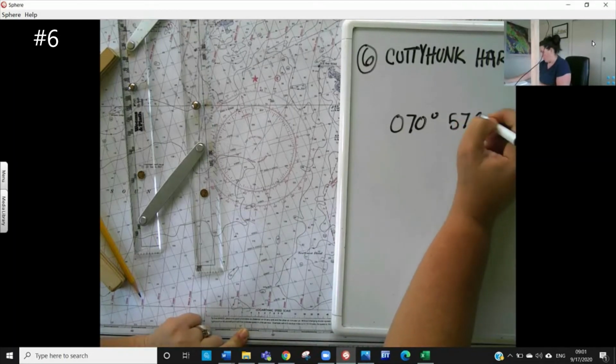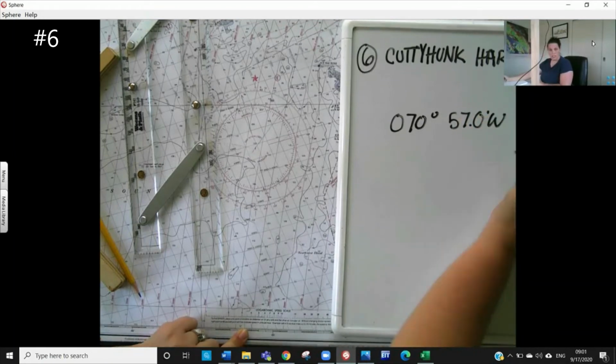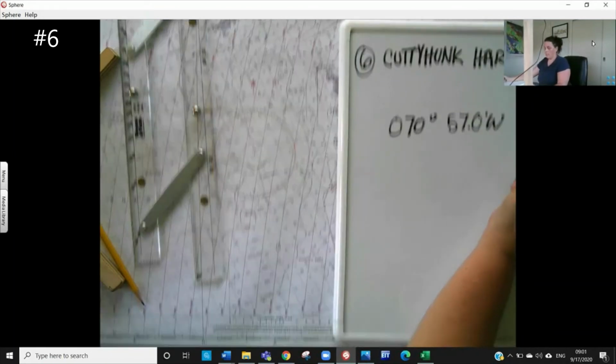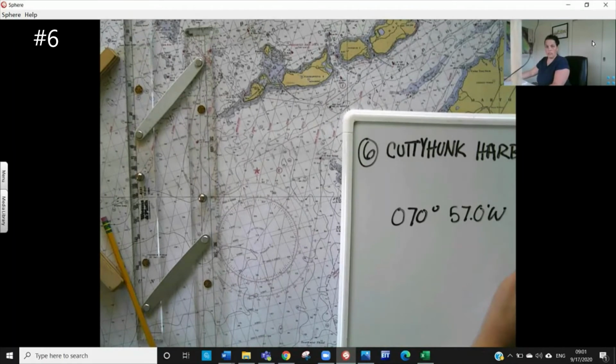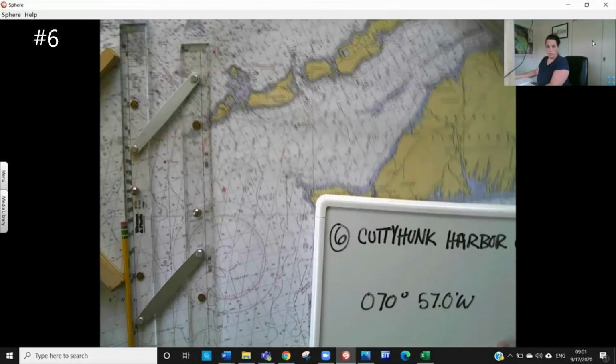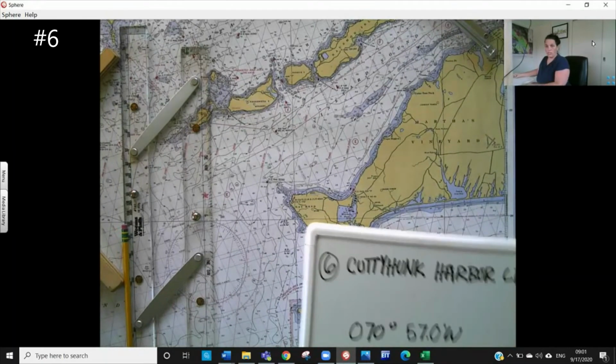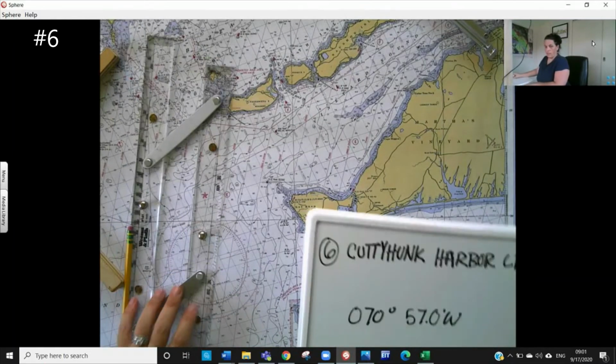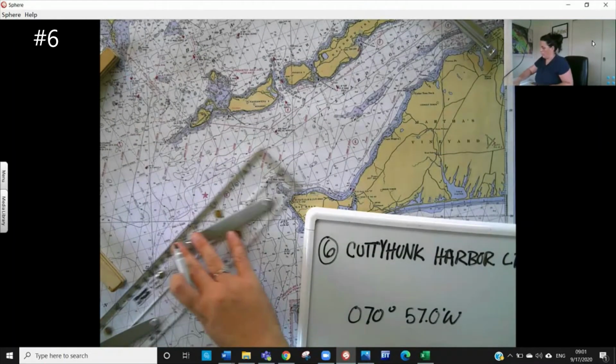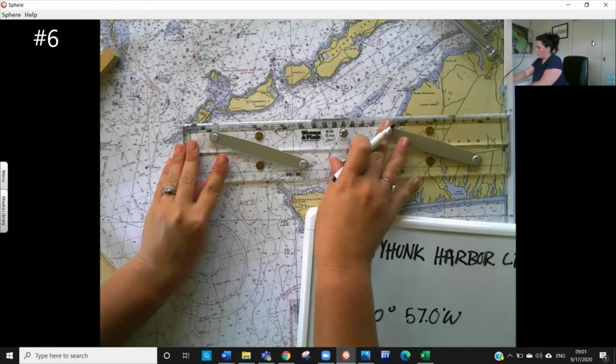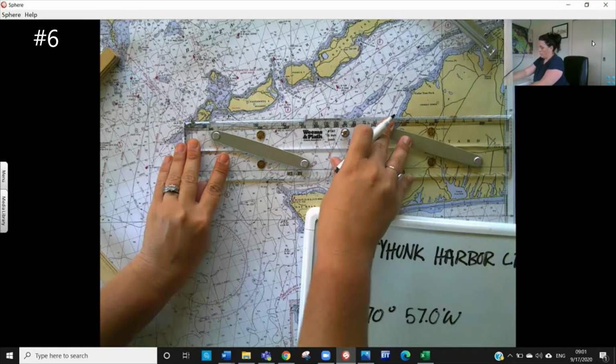So 070°57.0 west is going to be my longitude for this light. Bring it back up here. Bring it over. There we go. So we can see the latitude. Let's see. Will I be able to reach? Just barely.